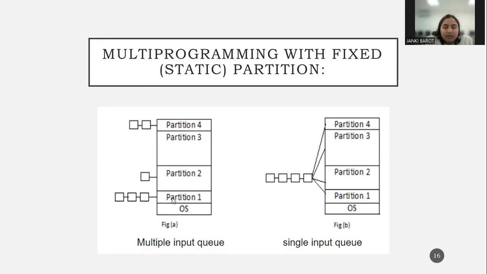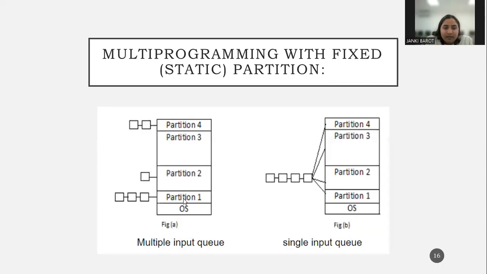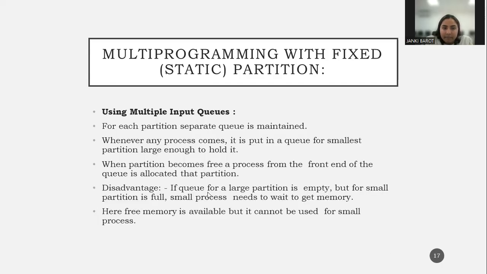What we are doing here is that whenever a process comes, it will find the smallest partition that is large enough for the process, so that we are able to utilize all the partitions and manage the available memory.